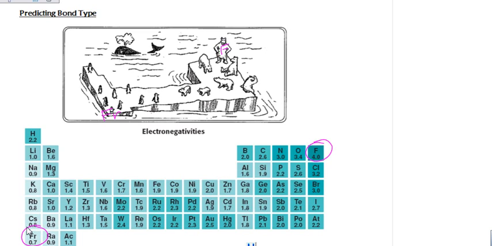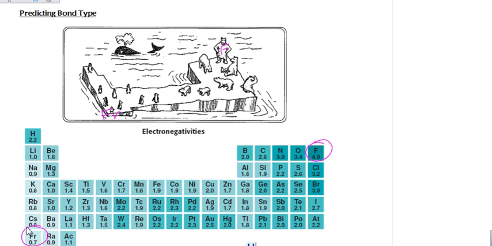When it comes to covalent bonding, we know that two nonmetals will share electrons and be covalent. We just have to decide then if the bond is polar covalent or nonpolar covalent. And so again, the best example of a nonpolar covalent, super easy: diatomics.